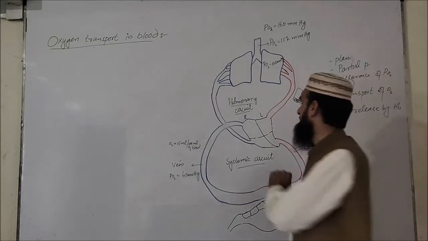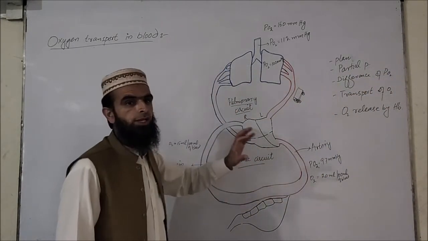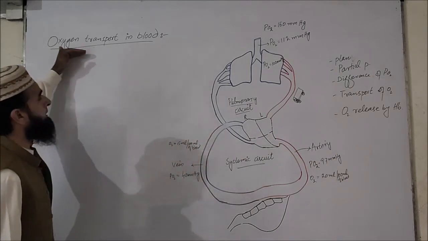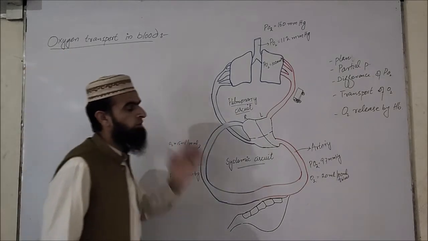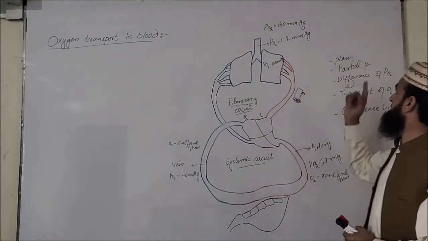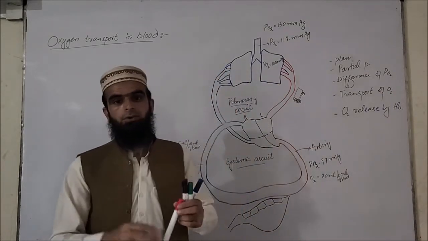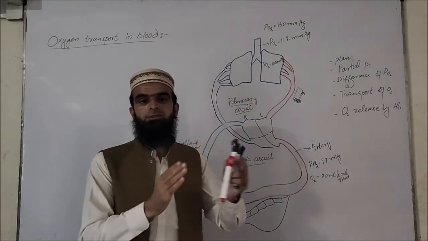Is that clear now? Next is the partial pressure. Another thing which is very important and related to this topic, regarding oxygen, is the partial pressure. What is partial pressure? Partial means half or a part of something.